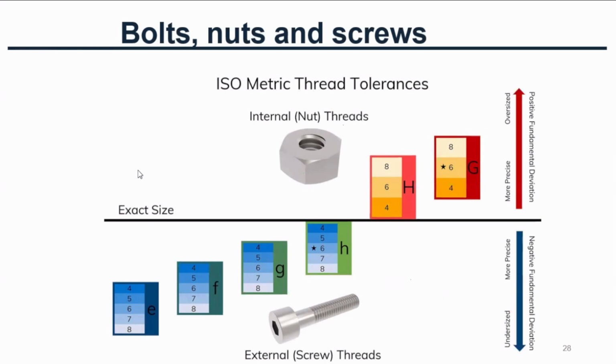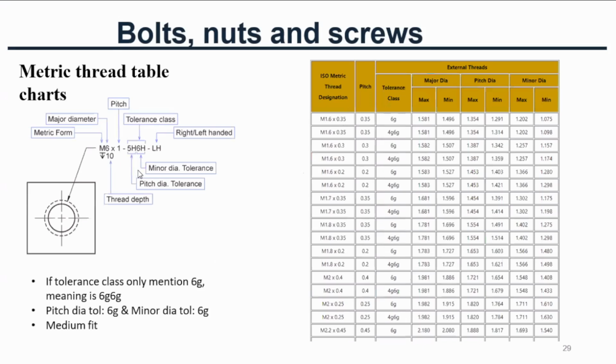Capital letters indicate internal threads, simple letters indicate external threads. Here you can see a standard table.